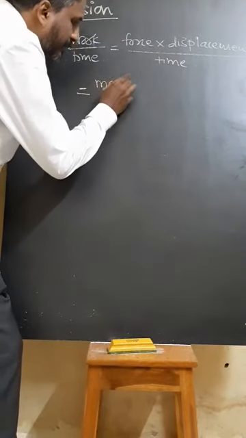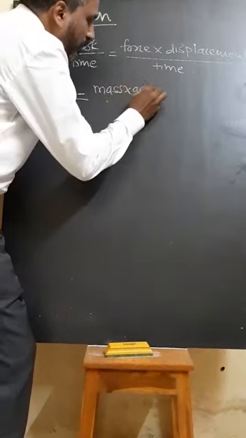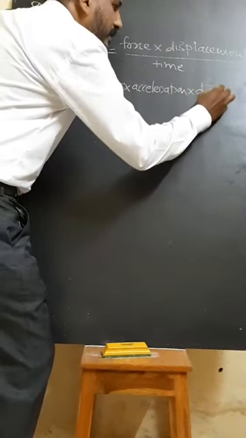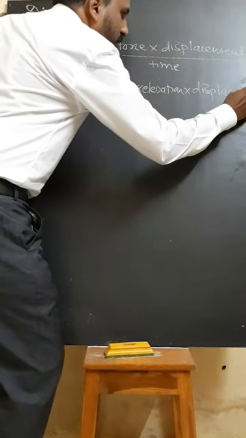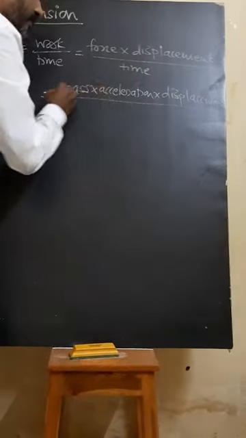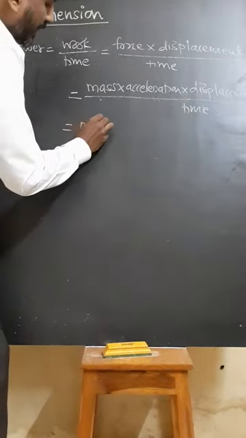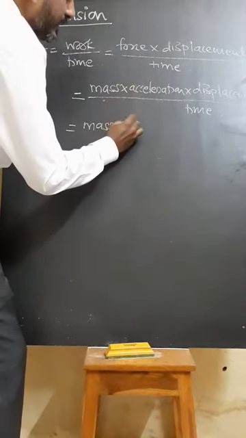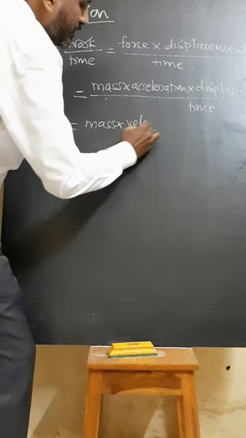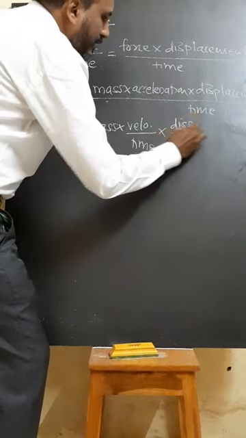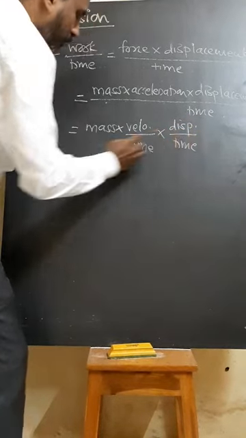Time is a fundamental, but again the question arises: force is not a fundamental, so again split the force. Force is nothing but mass into acceleration. Again, this term as it is, displacement divided by this time as it is. So I am writing here mass as it is. Acceleration, again acceleration means velocity upon time, multiplied by displacement as it is upon time.